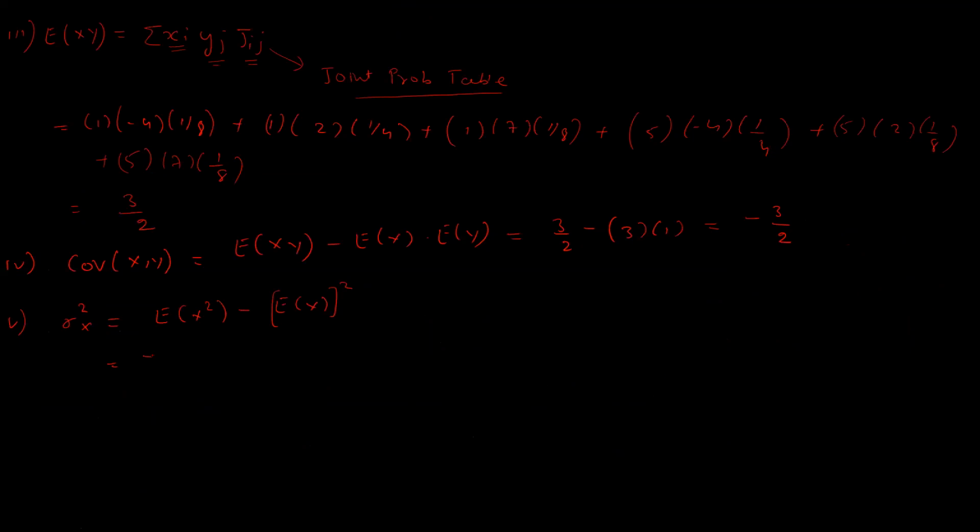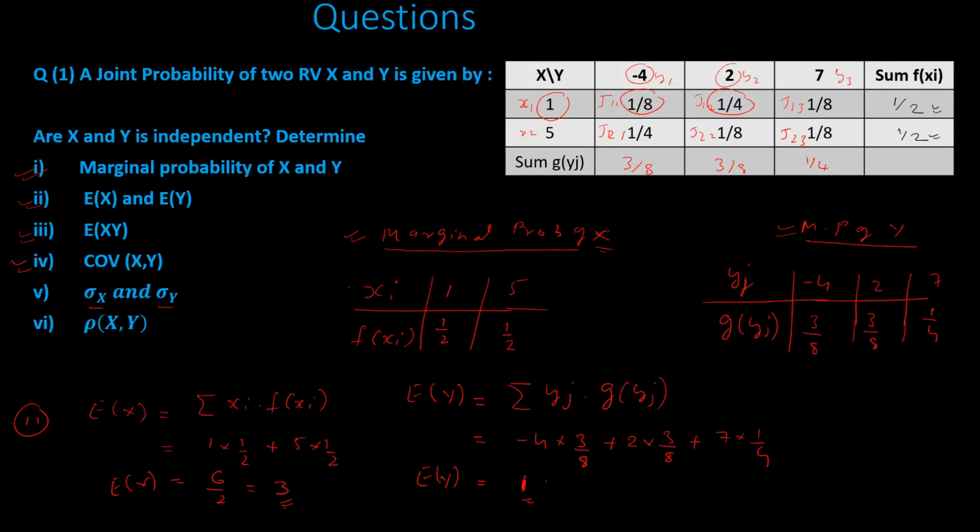So I will write this as summation of x square into f of xi, and minus E of x we have got 3. So 3 whole square becomes 9. I'll just put the value. So now I will find the value of summation of x square into f of xi. So to check this, I have to look back again at the marginal probability of x table.